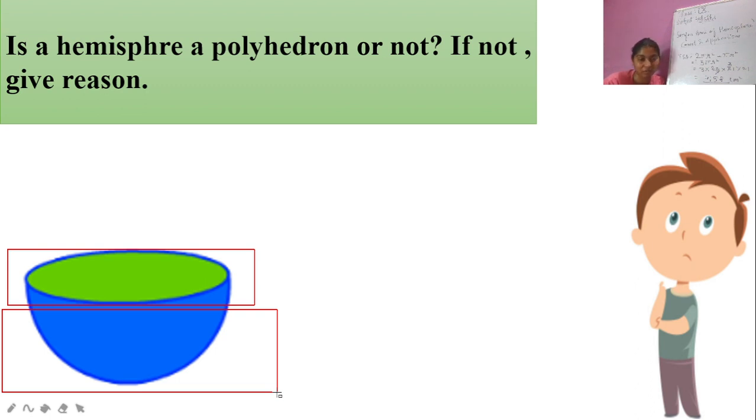The circle is there, but the other part, which is the curved part, is not a polygon, so we will not consider this type of shape a polyhedron. So a hemisphere is not a polyhedron.